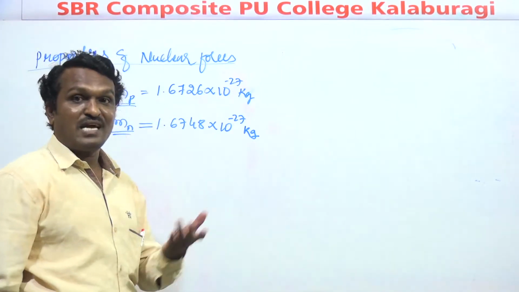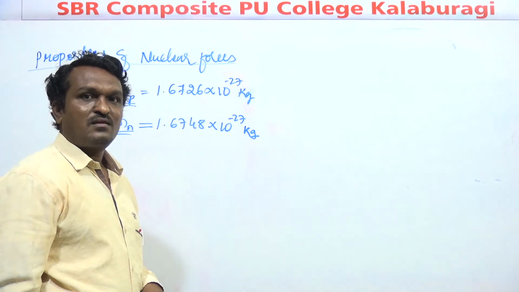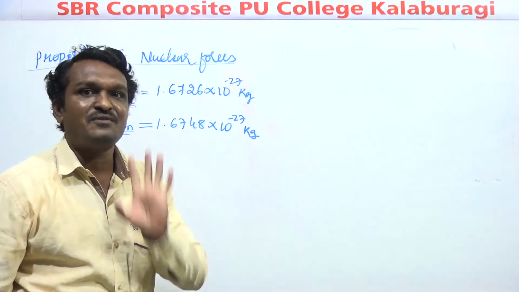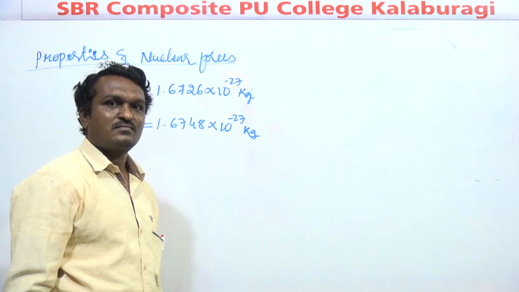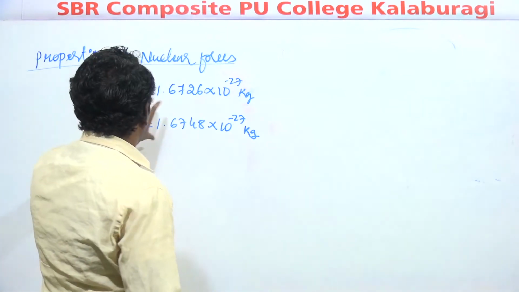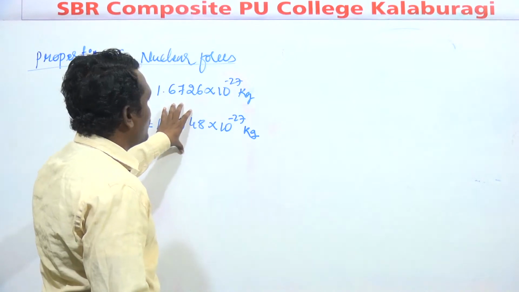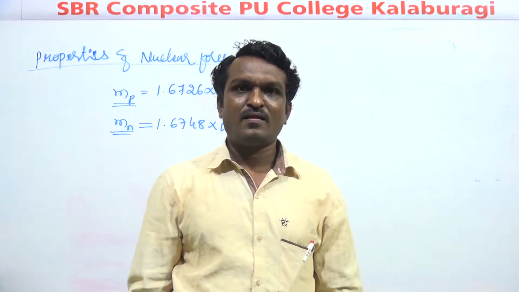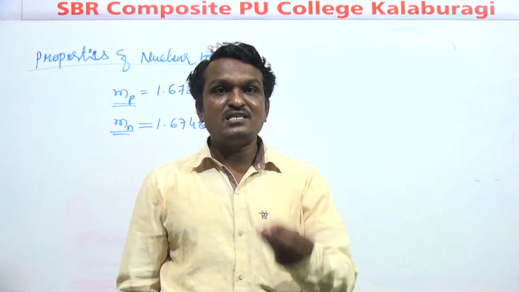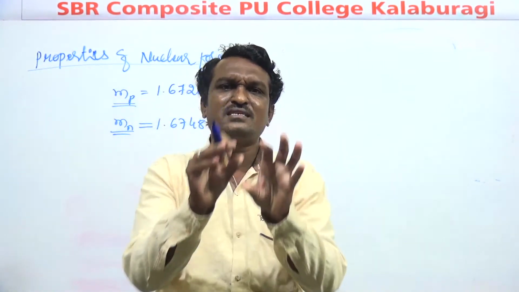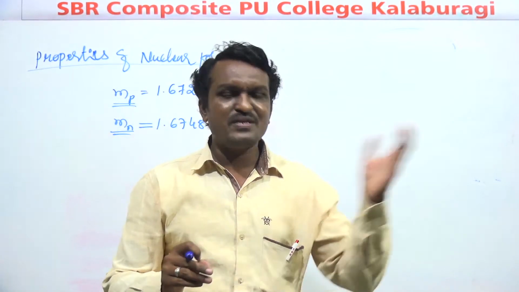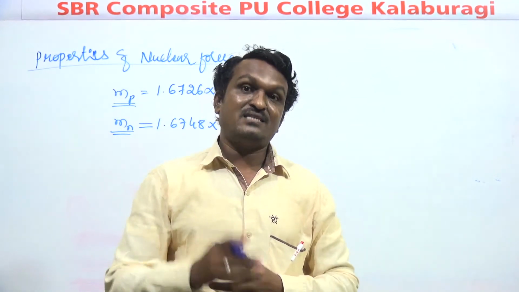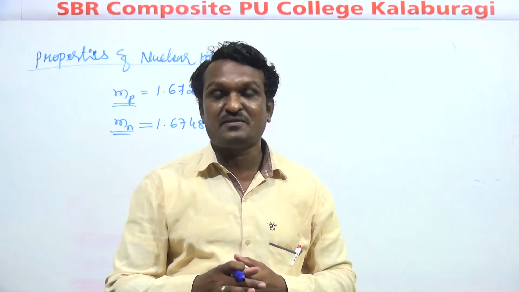Because they are matter, these particles, that is nucleons, have some mass, which means there exists some gravitational force. We compare the strength of the gravitational force with the strength of the nuclear force. These nucleons lie in a very small region. In the previous class, I explained the size of the nucleus, which is in Fermi, of the order of 10 to the power minus 15 meter.